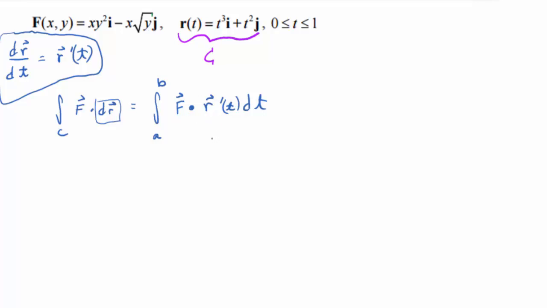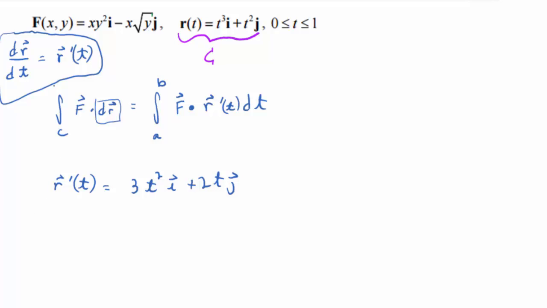What does it tell us to find? Okay, let's do it. What is r prime of t? 3t squared i plus 2t j. And what do we do with that? We dot it with F. Eventually, we have to parameterize F in terms of just what x and y are on that curve, so in terms of t.